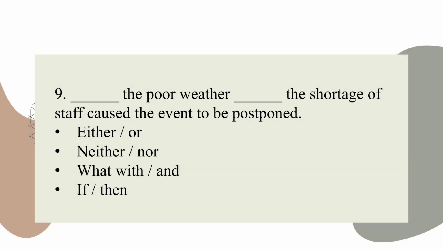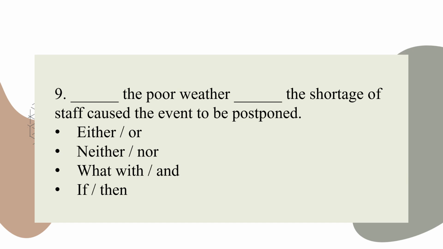Number 9. Dash the poor weather, dash the shortage of staff caused the event to be postponed. Options given: either or, neither nor, what with and, if then. The correct answer would be either or.